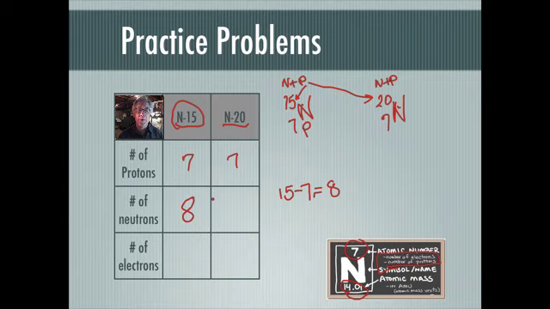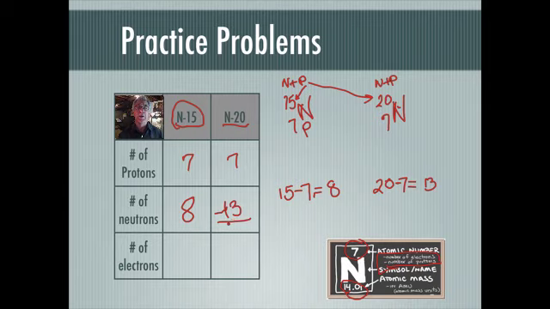So it's going to be a little bit lighter than this one because this one has an atomic mass of 20. I'm going to subtract out the protons, which is 7, from the atomic mass. That's going to equal 13 neutrons. So as I said before, because it has a higher atomic mass number, there's going to be more neutrons.